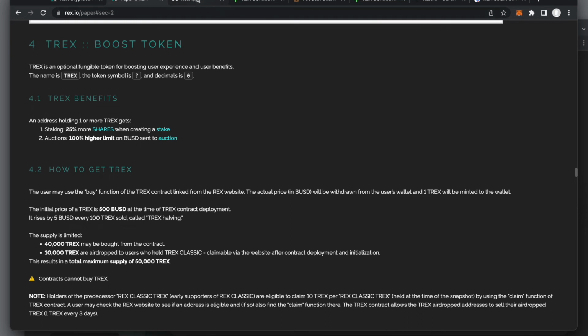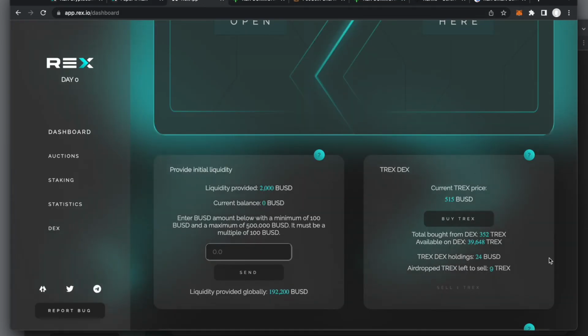One more thing just to drill home is that the TREX trading right now isn't open market trading. It is trading that's predetermined by the contract, and the price is set and moving up slowly.